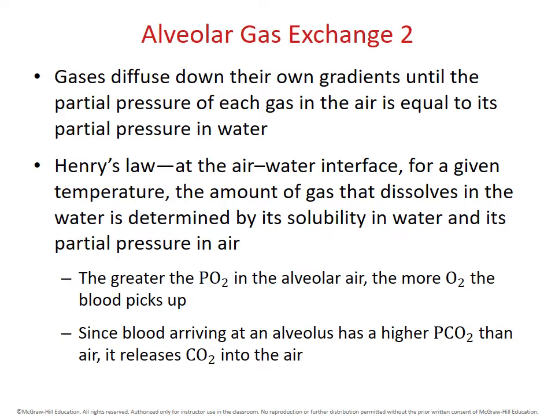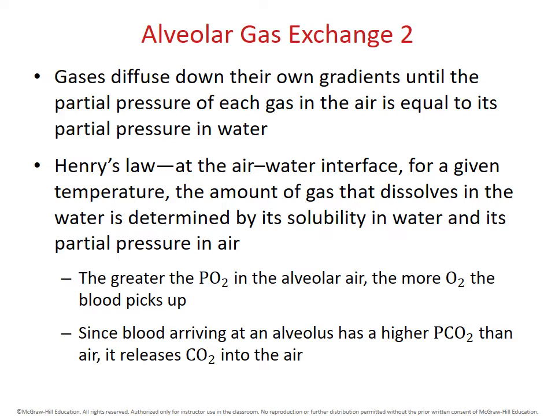Right? So let's say carbon dioxide is 100 times more soluble in water than is oxygen, which is about what it is. So a solution with a PCO2 of 70, you would think has half as much carbon dioxide in it as a solution with a PO2 of 140 has oxygen, right? 70 and 140.